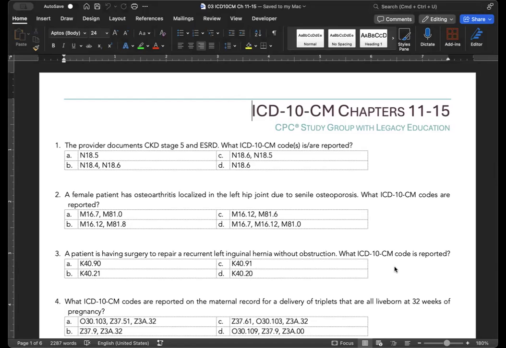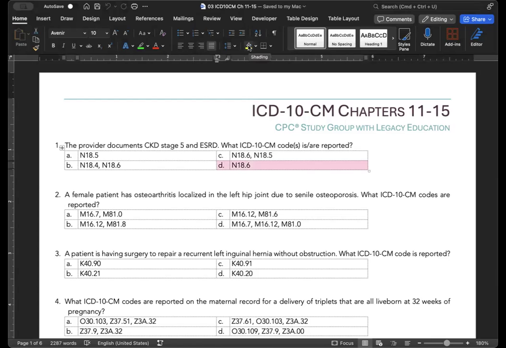It states what code we assign if we have CKD and ESRD documented. Yep, so we've got N18.6 only.